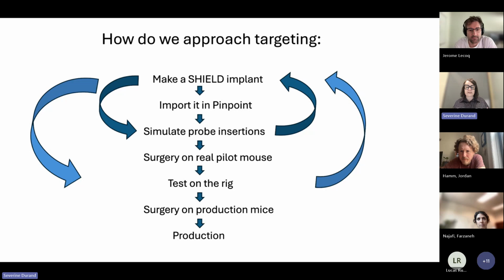We test this on the rig. We get the feedback from this experiment. And then if at any point anything is wrong, we go back to the design of the shield implant and reiterate like this. And then at the end, we have a final shield implant, and we can insert it in surgery for the production mice and then start the production from there.